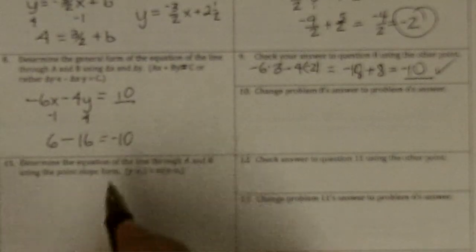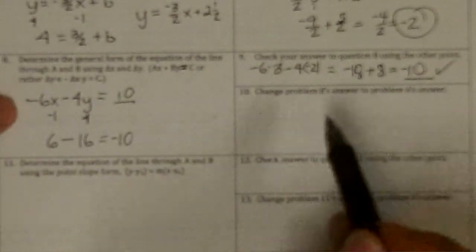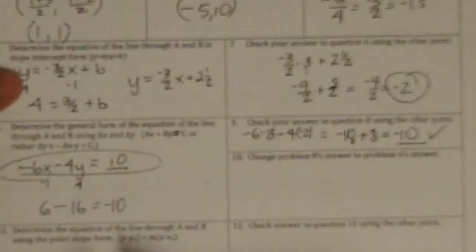And if it's the equation of the same line, the line through the 2 points, I should be able to take this equation and convert it to this other equation that we had in part 8 by solving for y.